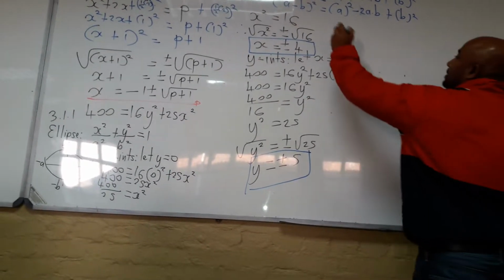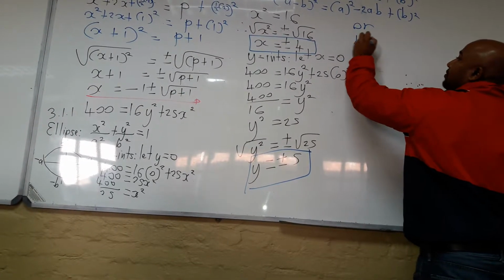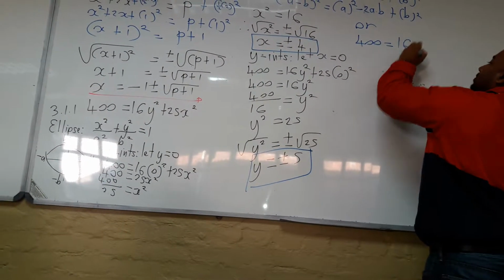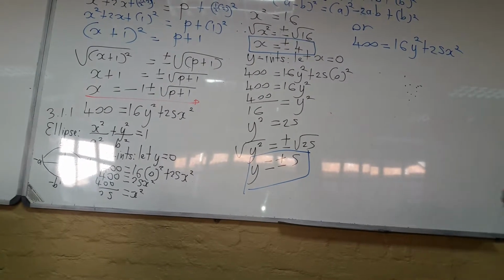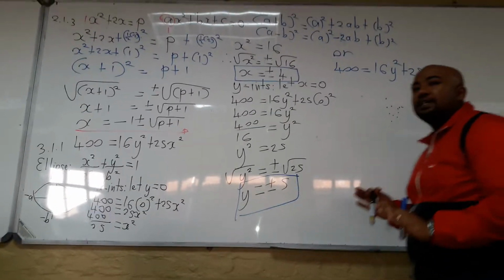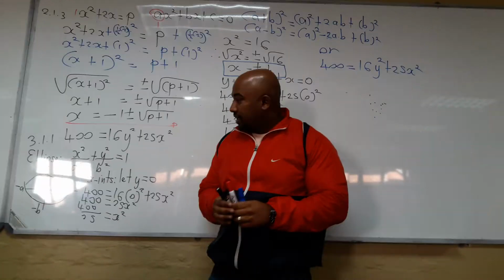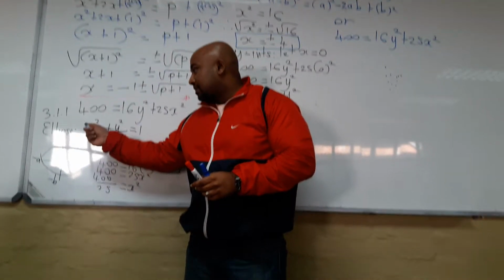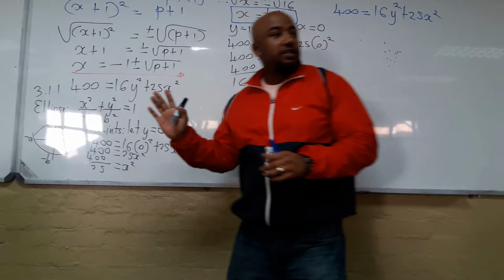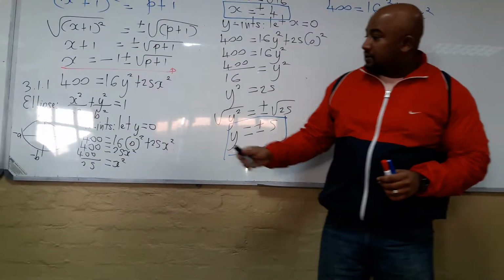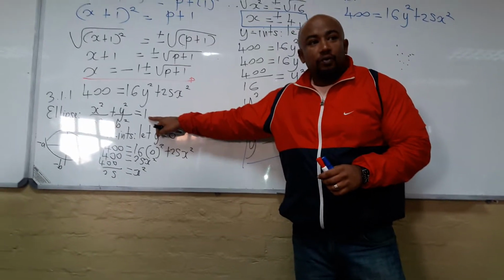The other way, we got 400 is equal to 16 y squared plus 25x squared. Now, you could always rearrange this equation into your standard form. x squared over a squared plus y squared over b squared is equal to 1. So the constant is, what is your constant here? 1.